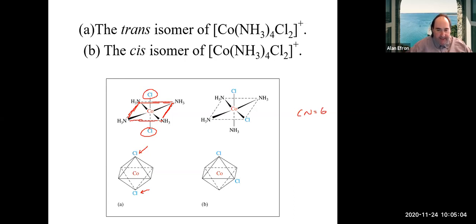As opposed to here, where we have above and on the plane. They're both connected in the same part of the plane, and that would give us our cis location. As you can see here, they're both up on top of that center plane, giving us that cis isomer in that case.